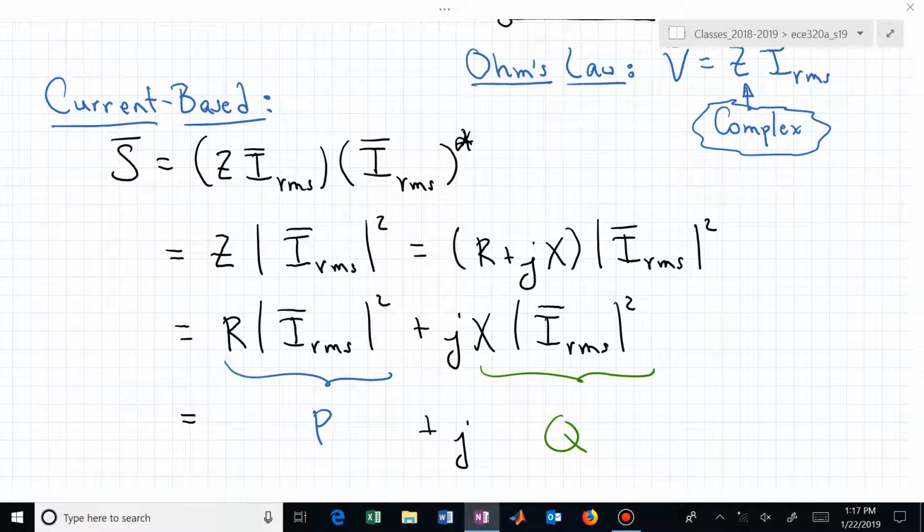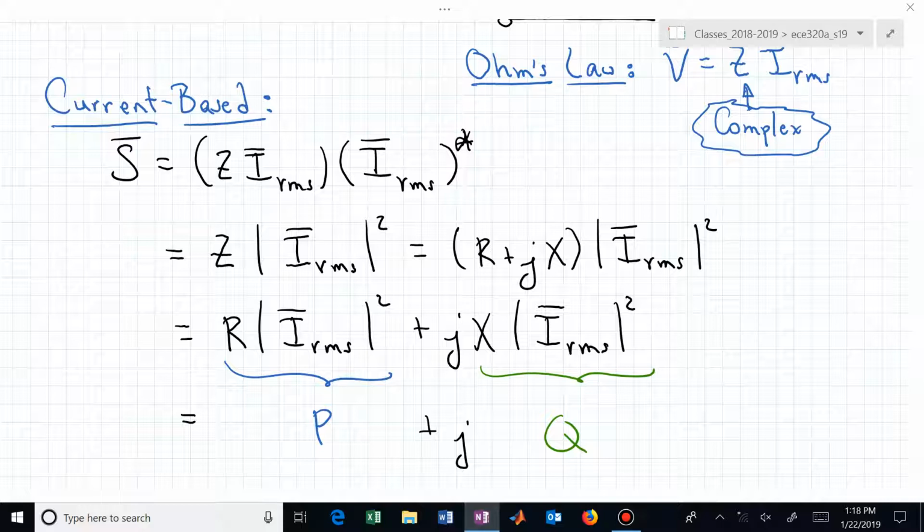The current-based complex power expression is found by replacing the voltage by its representation in terms of impedance and current. In that sense, then, the complex power S is equal to Z I times the complex conjugate of I, and we know that a complex number times its complex conjugate is equal to the magnitude of that complex number squared.